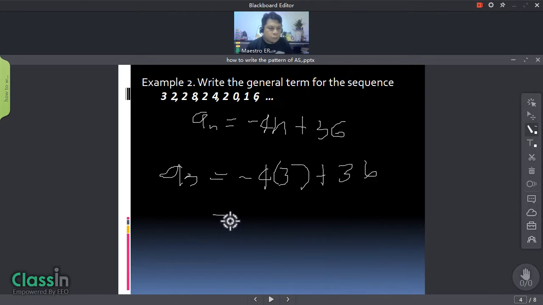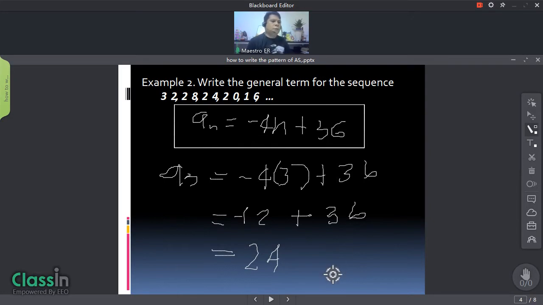So negative 4 times 3 is equal to negative 12 plus 36 is equal to 24. Okay, so it's satisfied now to the three terms of the given sequence. So maybe it is correct now that the pattern is a sub n is equals to negative 4n plus 36. Okay, so as simple as that, class.